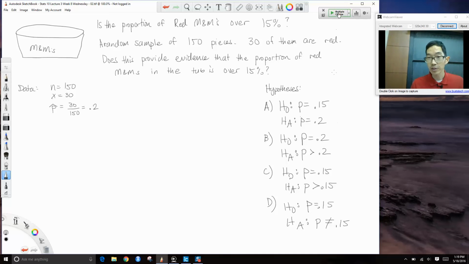Okay, so go ahead and pick out what you think is the correct hypotheses in this situation. Okay, so step one is to decide the hypotheses.